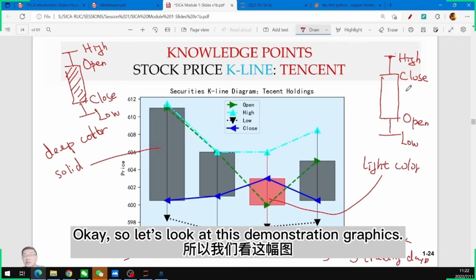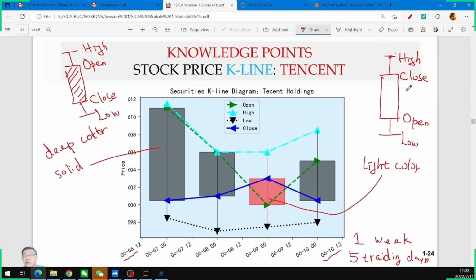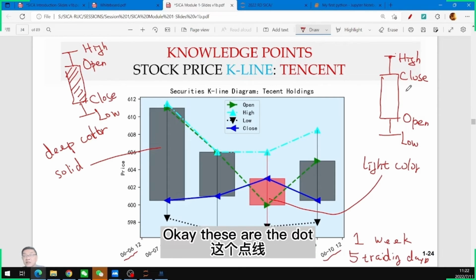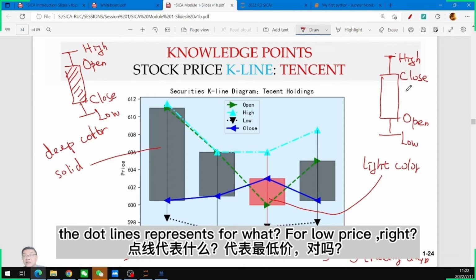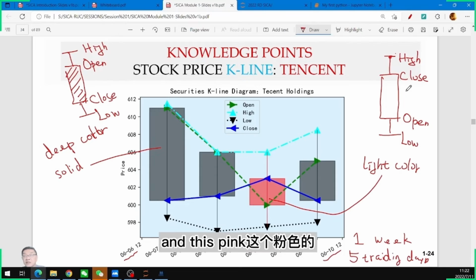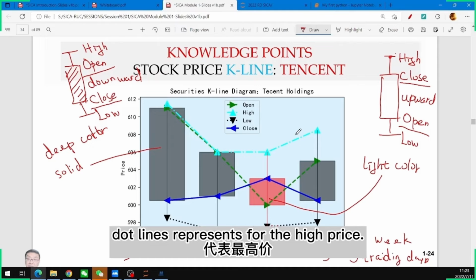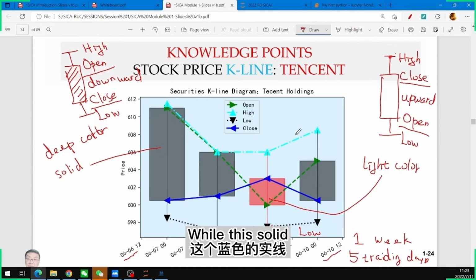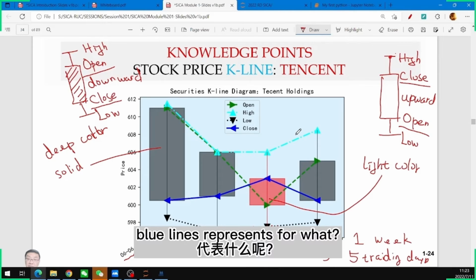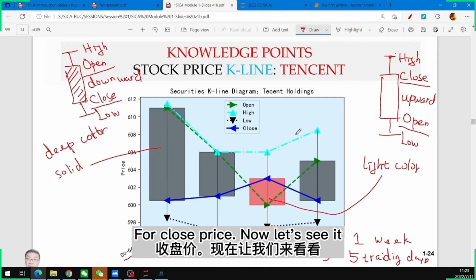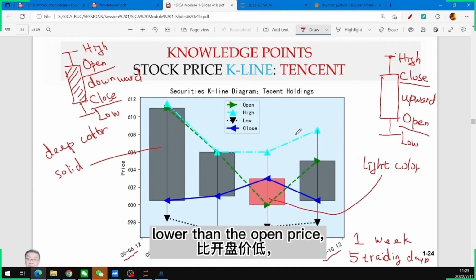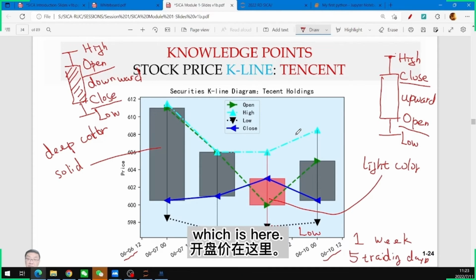Okay, so let's look at this demonstration graphic. What do these dotted lines represent? The low price, right? And this pink hybrid of dash and dot lines represents the high price. While this solid blue line represents the close price. Now let's see it. The close price is here, lower than the open price, which is here.